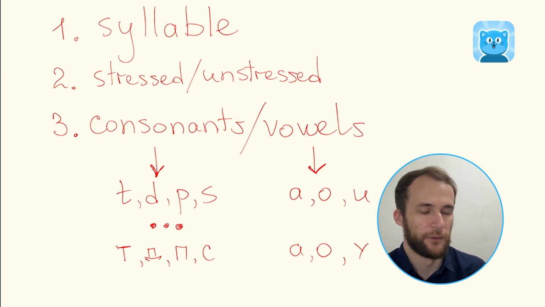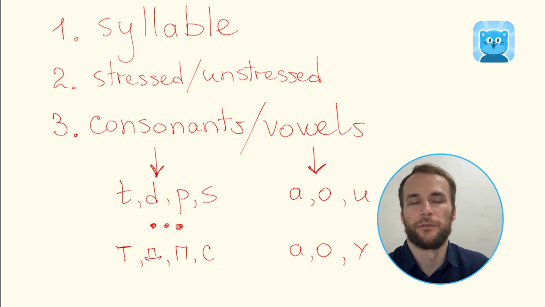So in phonetics, consonant sounds are the sounds that are produced with the help of some parts of your mouth, like teeth or tongue, the top of your mouth, the throat, and so on.